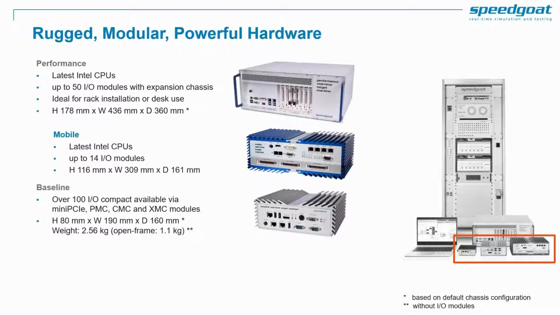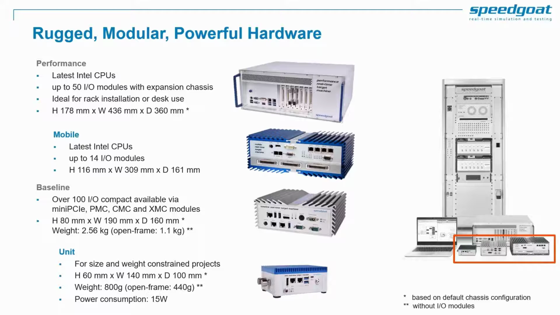The baseline is an excellent trade-off between compact form factor, power, and flexibility. It is ideal for applications requiring a small set of diverse I/O. Over 100 I/O modules are available and up to 7 can be installed. Unit machines are great for controller prototyping of size and weight constrained projects such as robots and devices for interaction with humans.